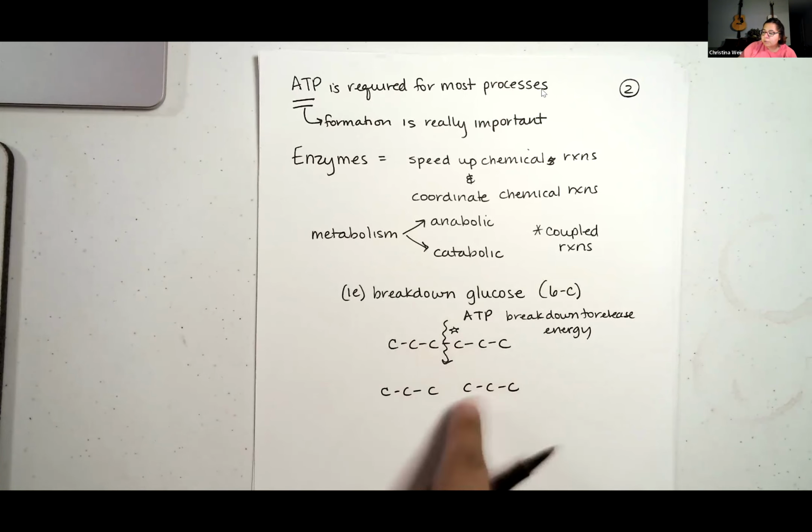Now, in order for this to occur at the right speed and at the right time, we have to have enzymes that basically regulate the reaction. So the rest of this video is going to be talking more about enzymes and how they make reactions happen fast enough and at the right time.